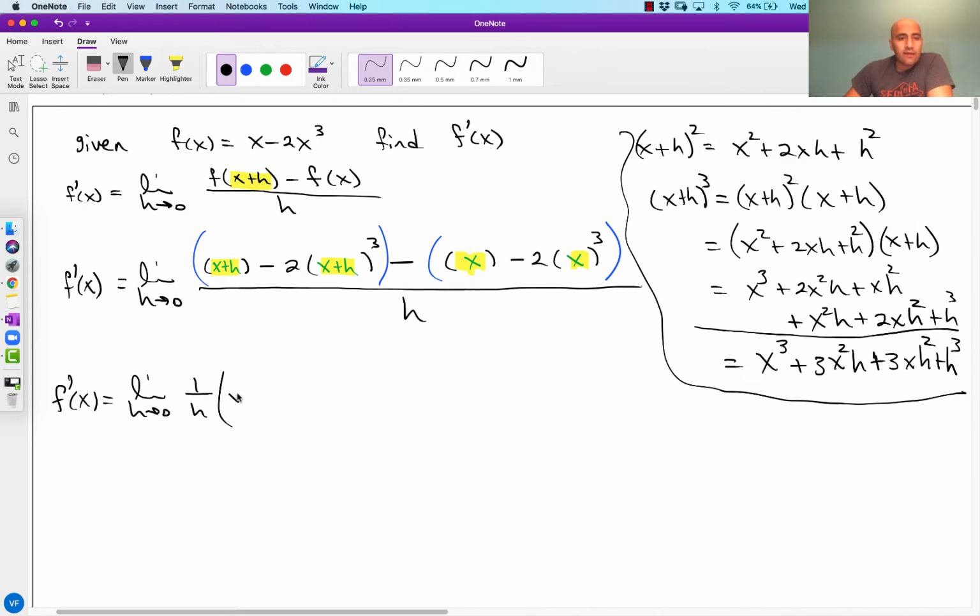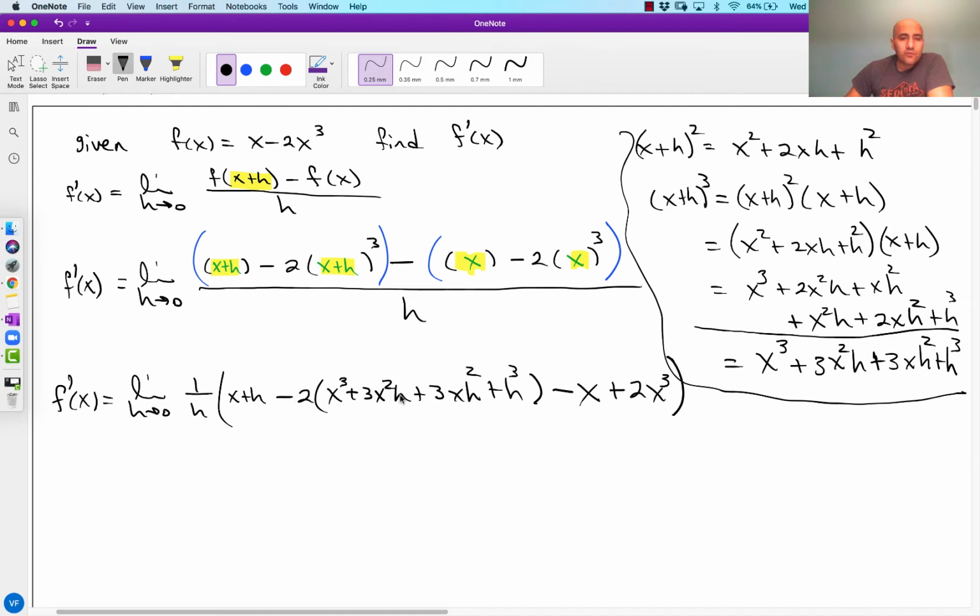So I'll have an x plus h minus twice, and then I just figured out what that whole product is going to be. That's going to be x^3 + 3x^2h + 3xh^2 + h^3 minus, and now be careful, this subtraction applies to both terms, so it'll be minus x and then plus 2x^3.